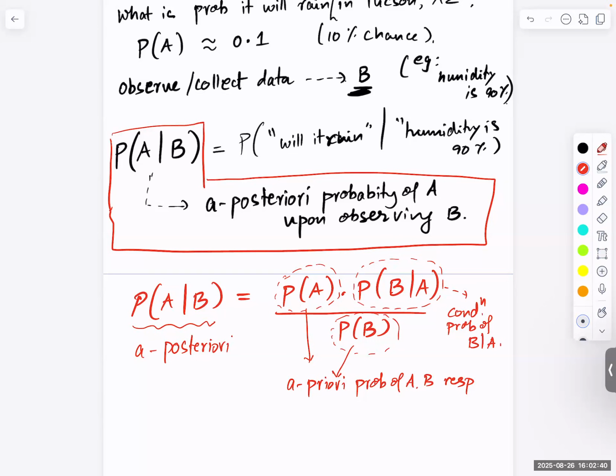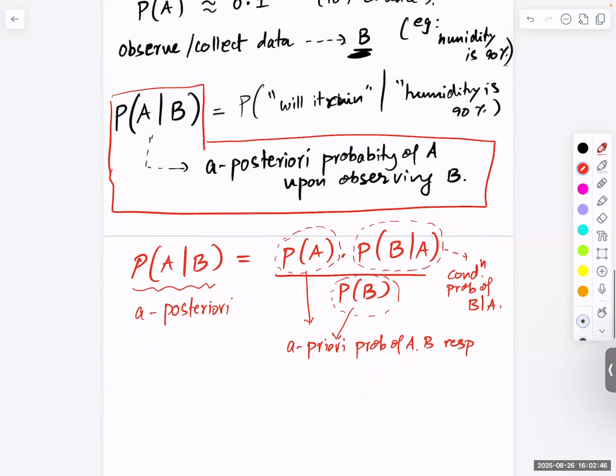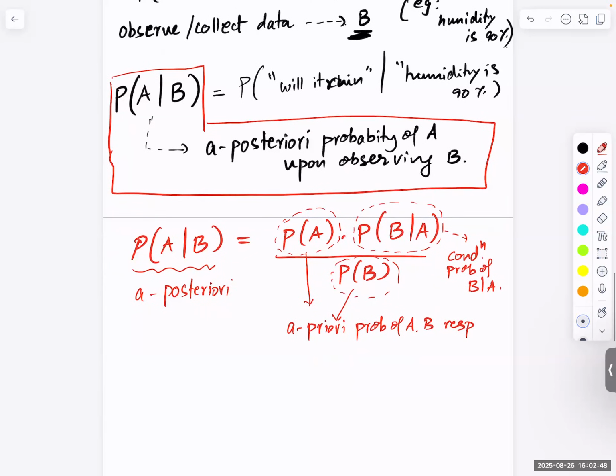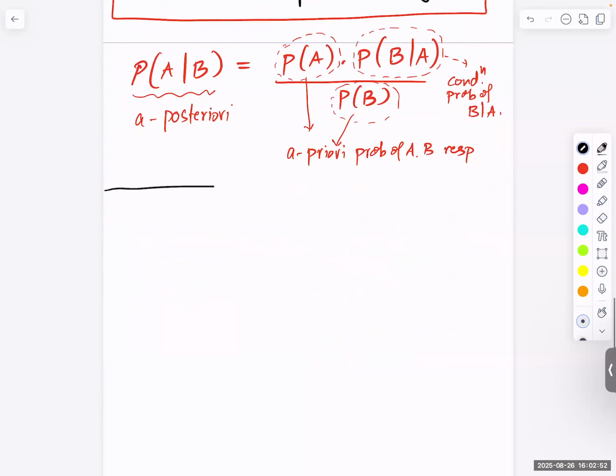All right. Now let's introduce a very important concept, something called independent events, which is very much related to a posteriori and prior probability.